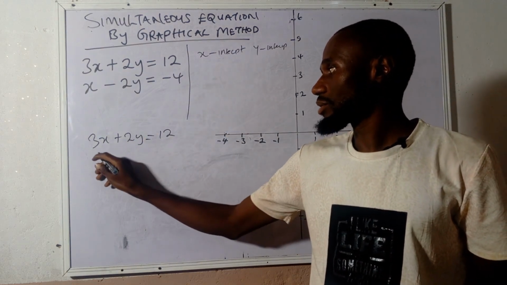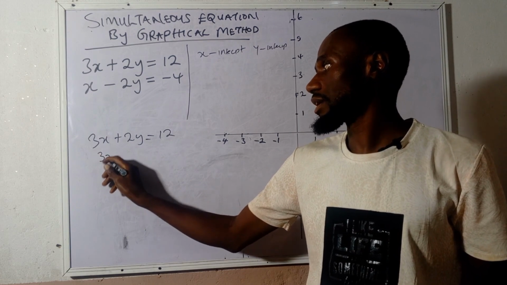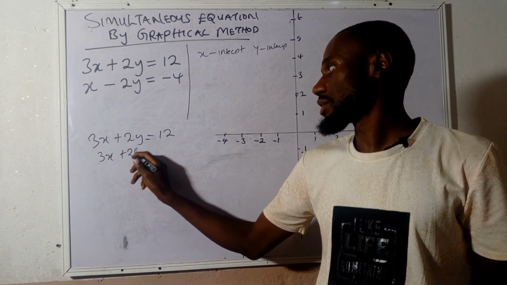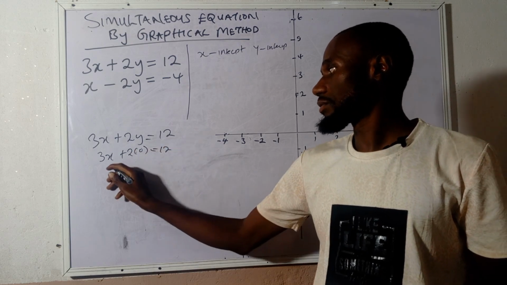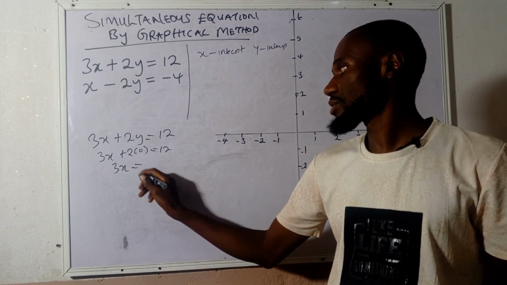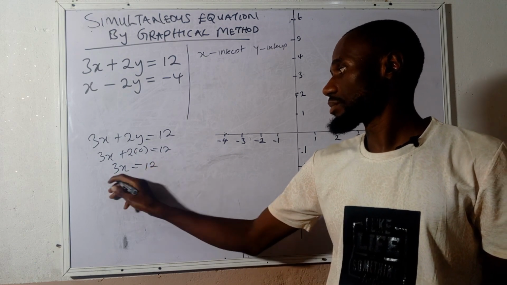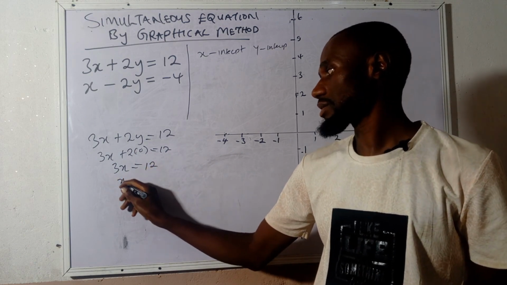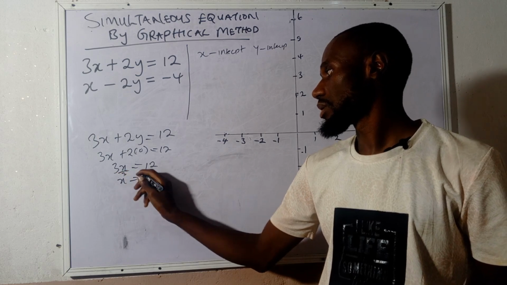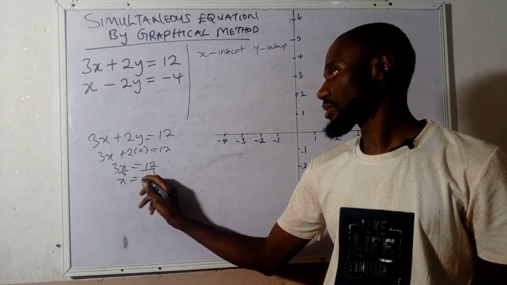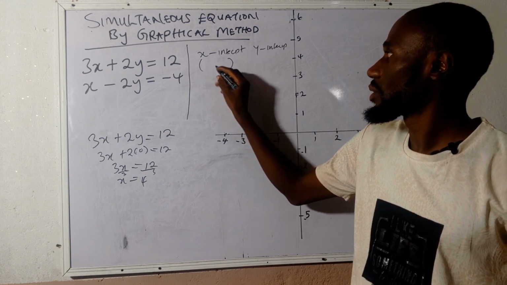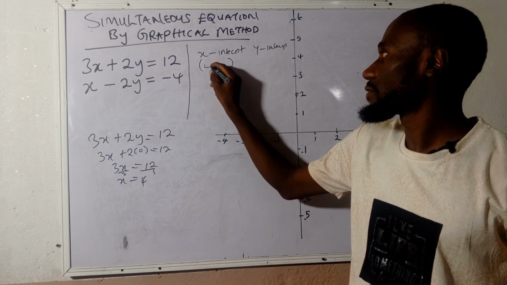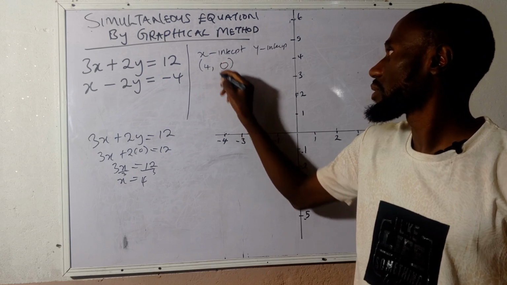If you make y equal to 0, you have 3x plus 2 times 0 is equal to 12. Therefore, you have 3x is equal to 12. Divide both sides by 3, you get x is equal to 4. Therefore, for the x-intercept, when y is 0, you get x is equal to 4.